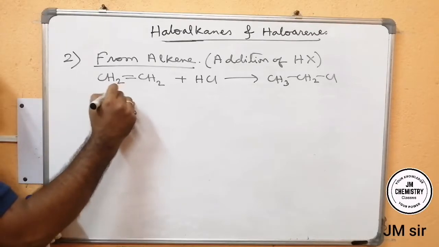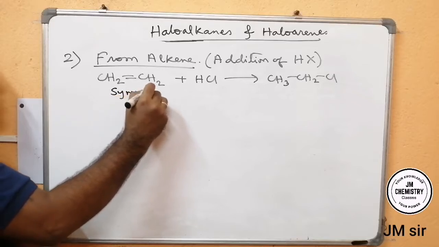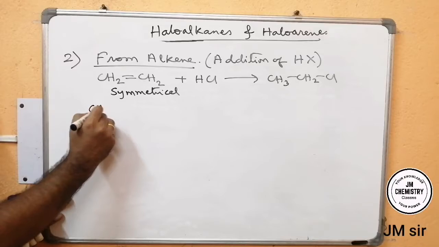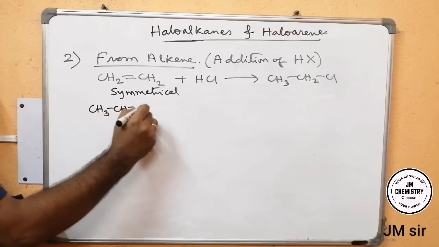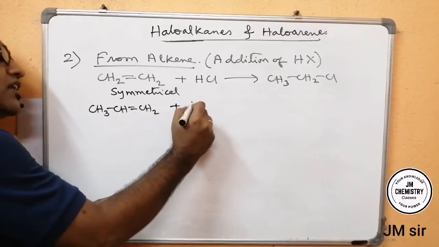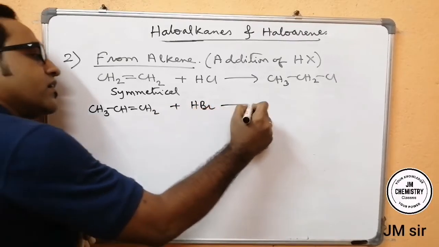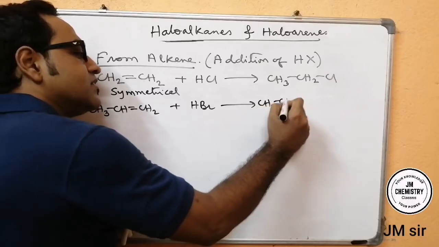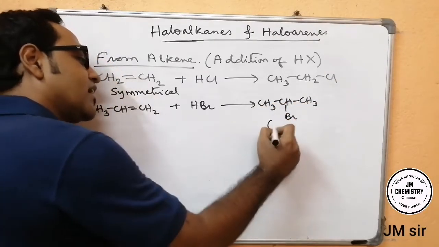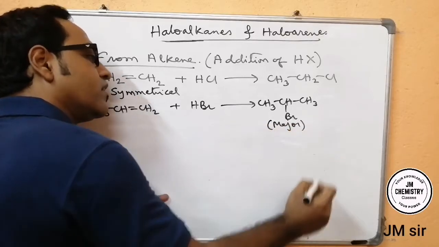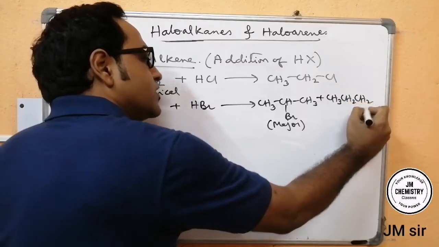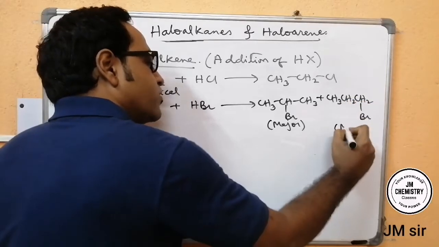This alkene is symmetrical. Now if you have an unsymmetrical alkene like this, that is propene, and if you add HCl or HBr, you will get CH3-CHBr-CH3 as the major product, plus CH3CH2CH2Br as the minor product.